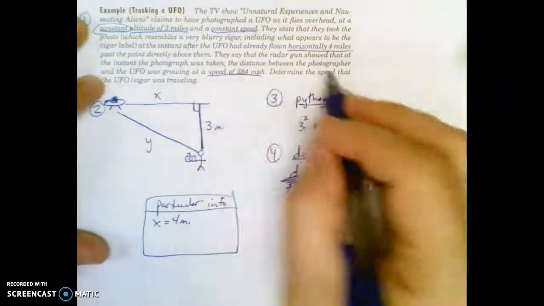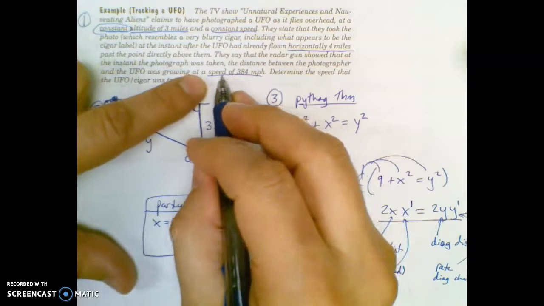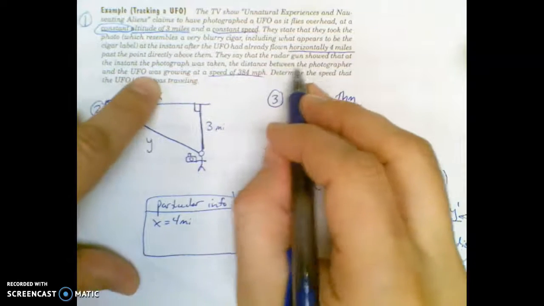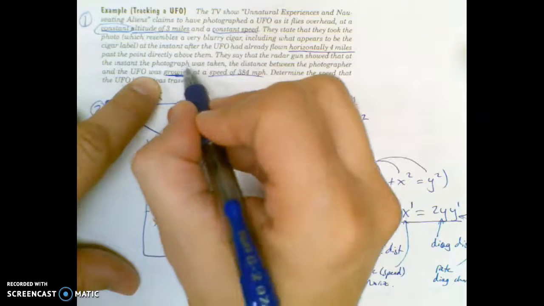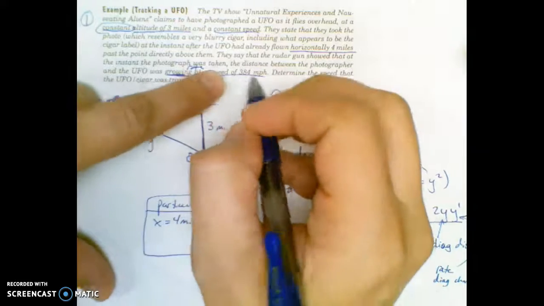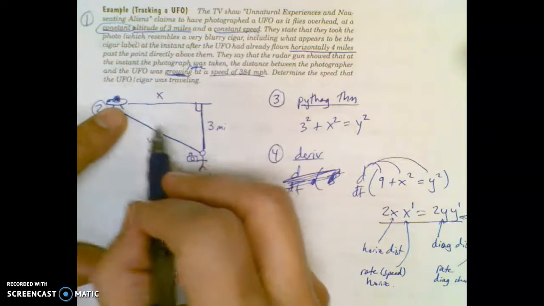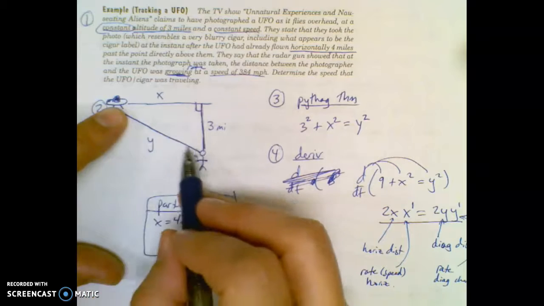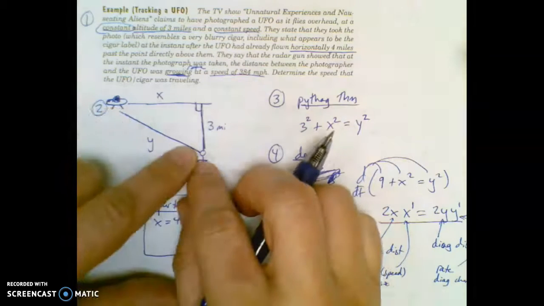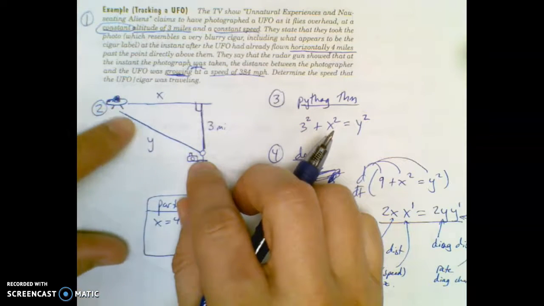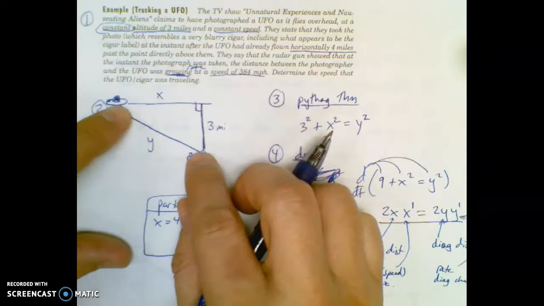Okay. And then here, the distance between photographer and UFO was growing. That sounds like a rate. At a speed of 384. So that's this direct distance between them. It's like if the photographer had a radar gun, they would be measuring this speed that they're changing between them.